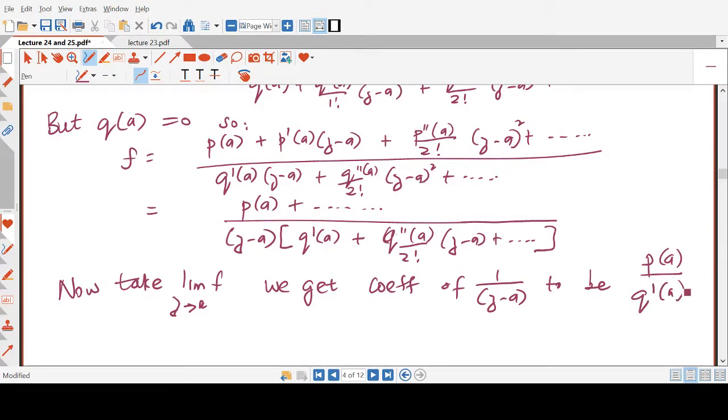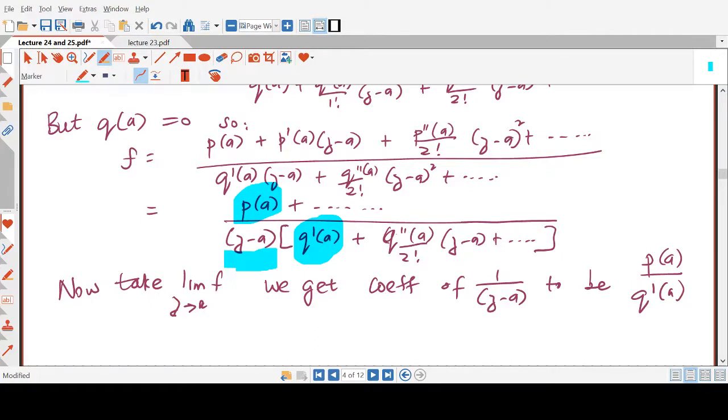Remember, z only approaches a. z doesn't equal a. The powers of z minus a become close to 0. In other words, this guy survives. This over that becomes the coefficient of 1 over z minus a.